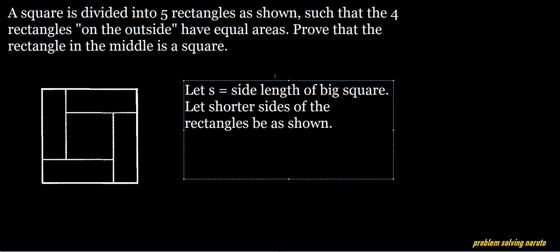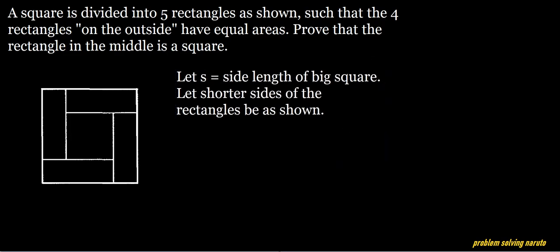So the total is S. If I call this A, this is the shorter side, this will be A, and this will be S minus A. This will be B, then this will be C, this will be D, and this is S minus B, S minus C, S minus D.